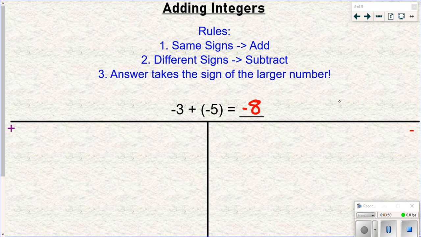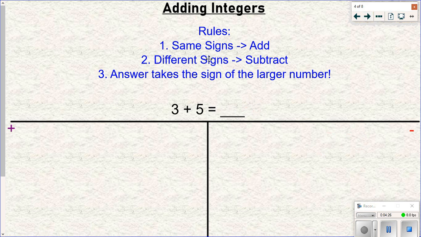In other words, what you have is 1, 2, 3 negatives, and then you got 5 more negatives. 2, 3, 4, 5. And so there's no battle. The negatives win, and how many negatives are there? There's 8. Okay.